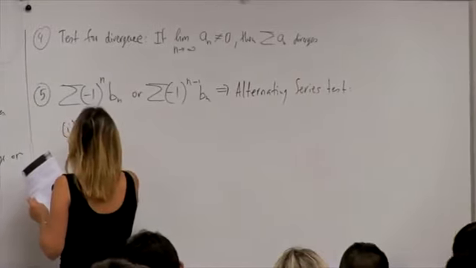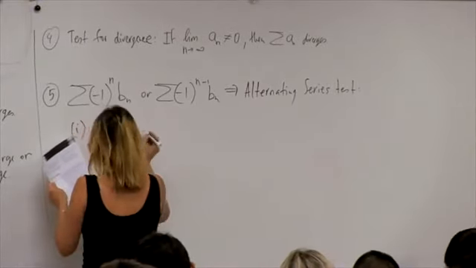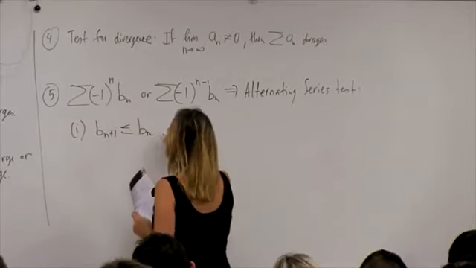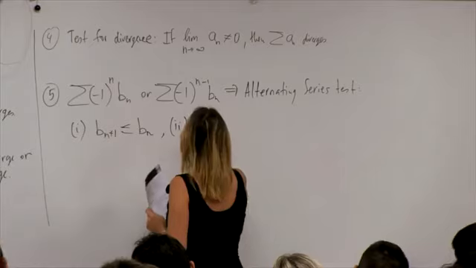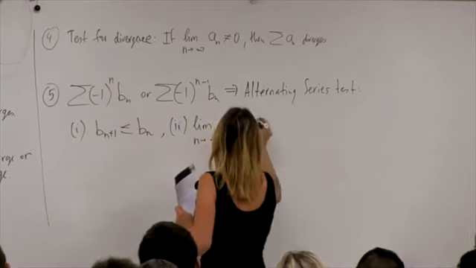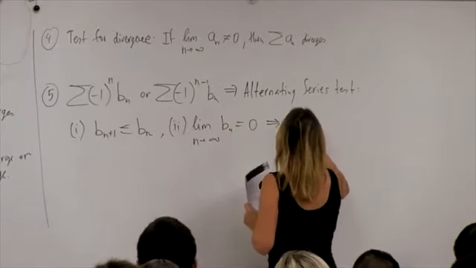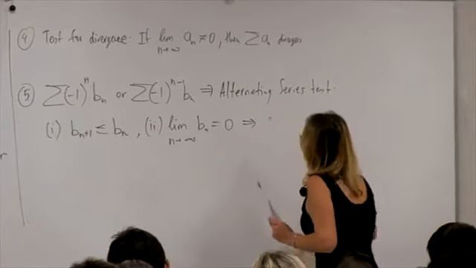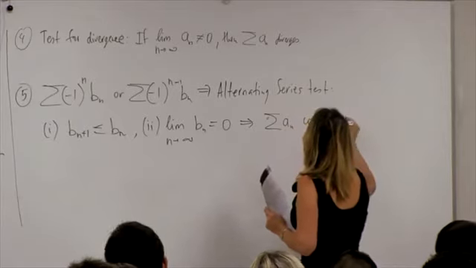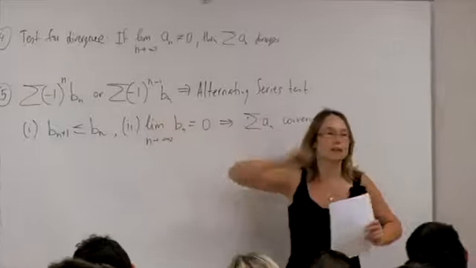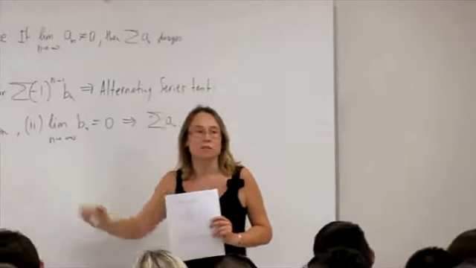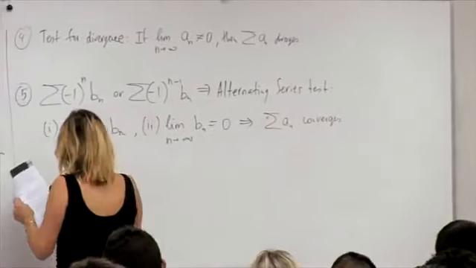So if b_(n+1) is smaller than or equal to the previous one, and the limit of b_n is 0, then a_n converges. Okay. So if we have this alternating sign, we have the special test for such things. Good.